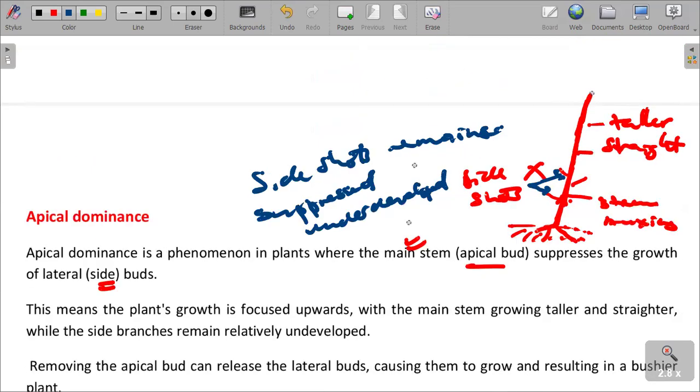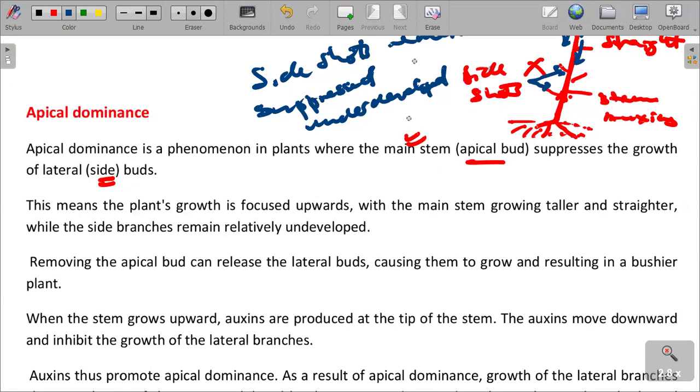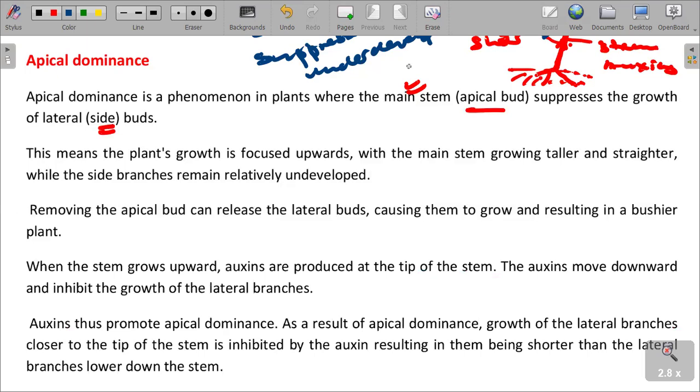Auxins are produced at the tip of the stem, and they move down the main stem so that they suppress the development of side shoots, which remain relatively underdeveloped. So removing the apical bud can release the lateral buds, causing them to grow, resulting in bushier plants.